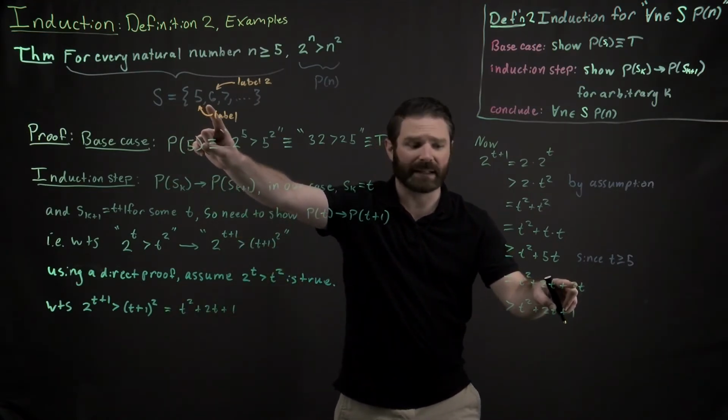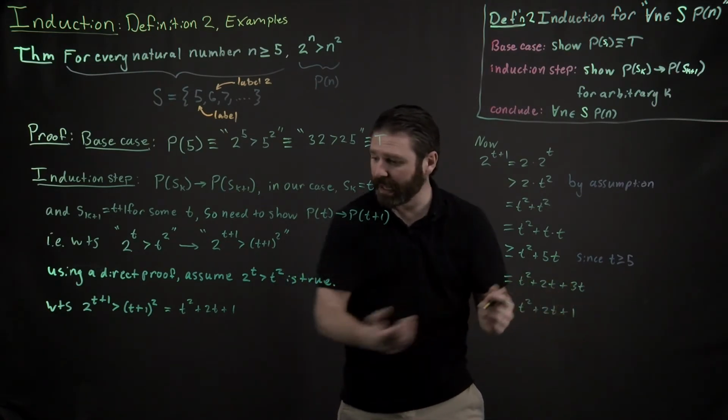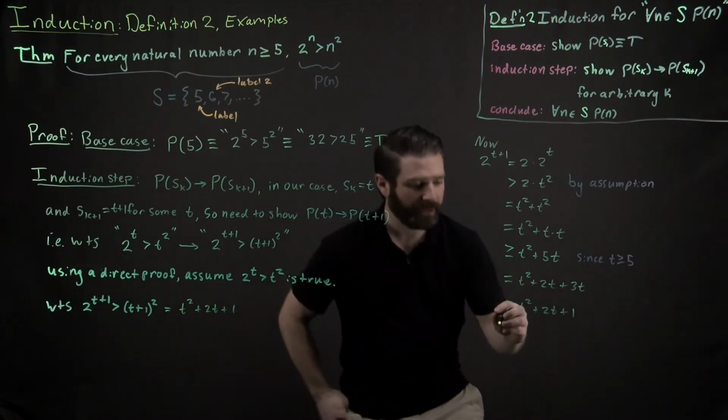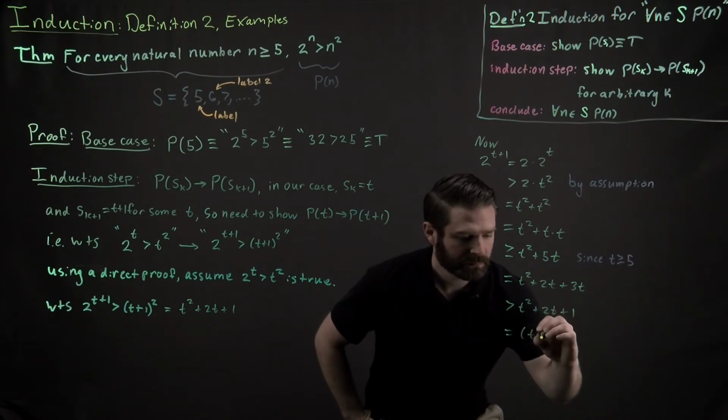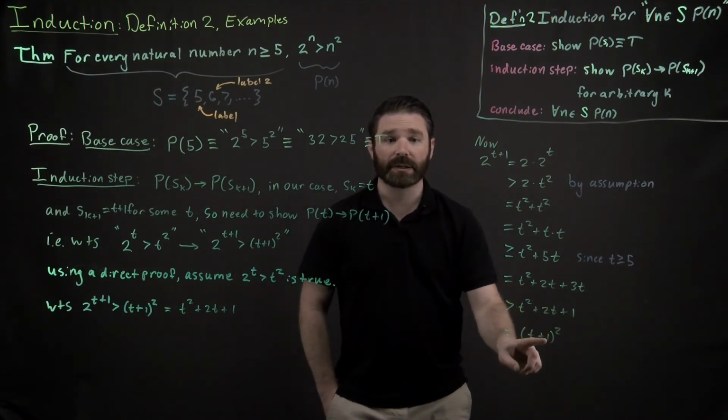That would be 15. And 15 is definitely bigger than 1. And check that out. I have now been able to get to this right-hand side. So one more simplification. I get my t plus 1 squared.